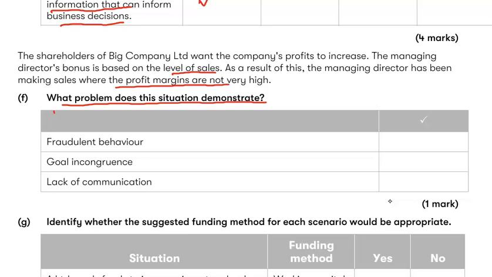So in the case of this big company, the bonus is related to the sales of the manager. If the manager makes more sales, they will earn more. So in this case, I will say fraudulent behavior. No. Lack of communication. No. I will go with goal incongruence. Goal congruence means when the objective of the business and the objective of the manager are on the same page, we call this goal congruence, but in this case it will not be.